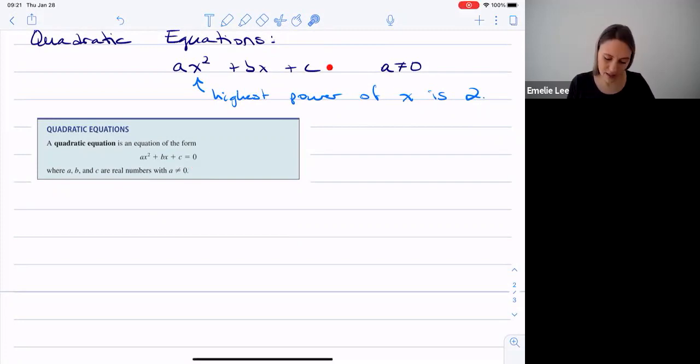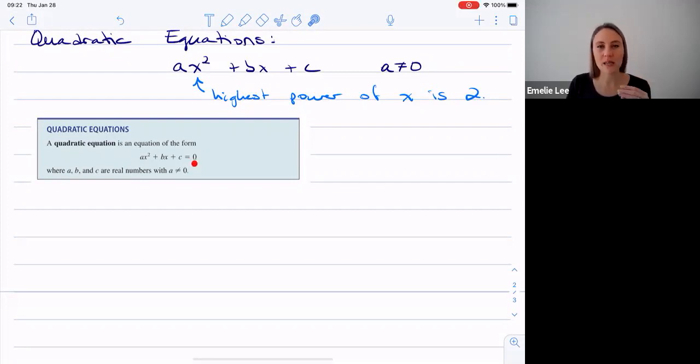That's because if you have it equal to anything, you can always move that value over and incorporate it with the c. So we have to have it equal to 0.